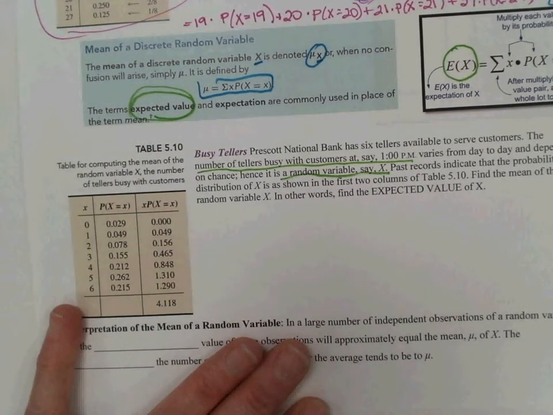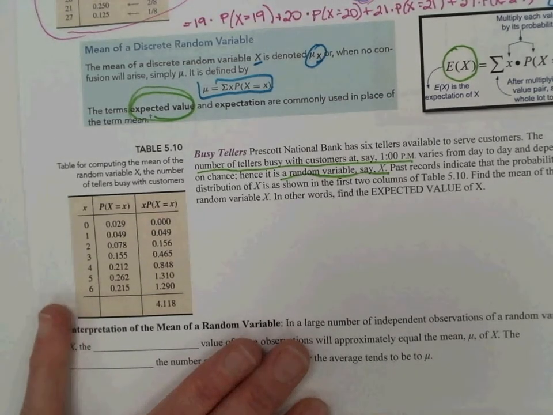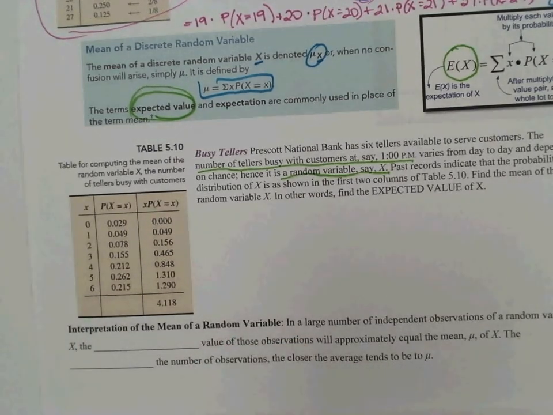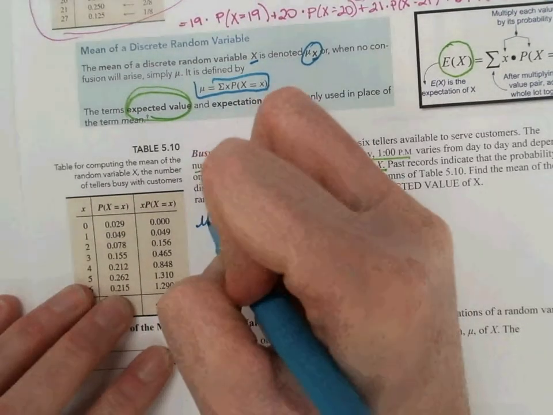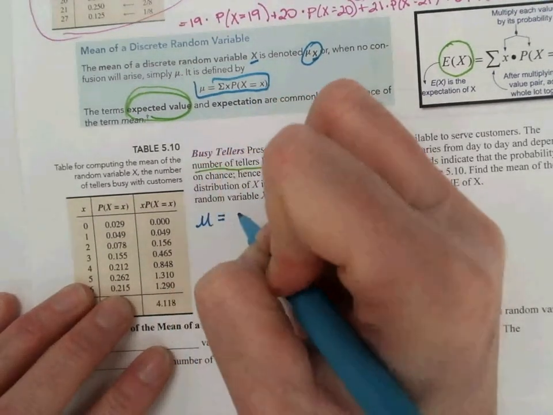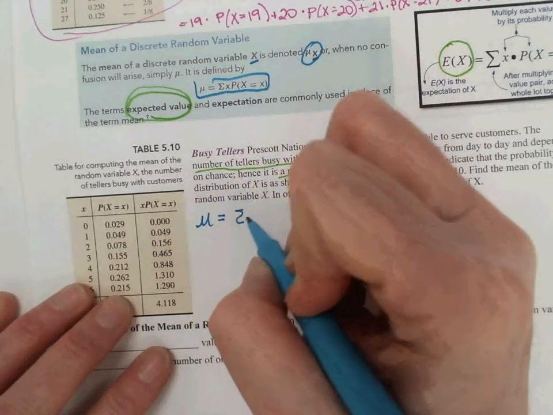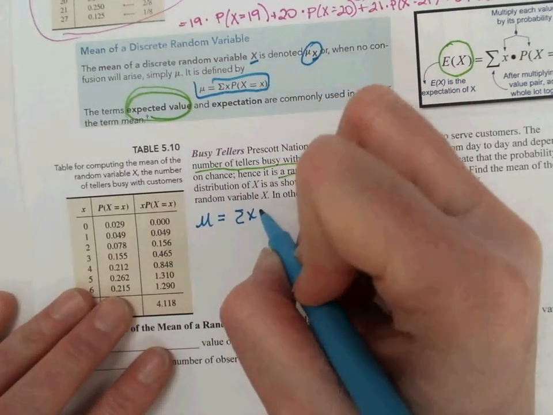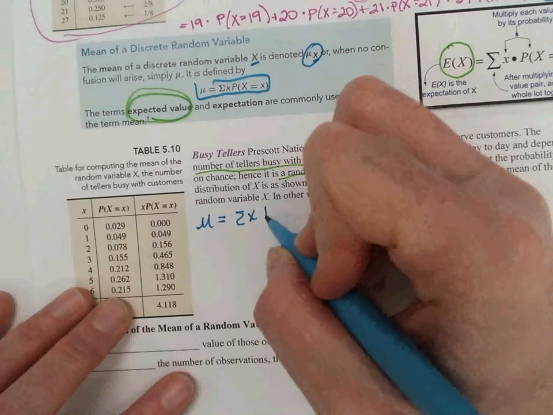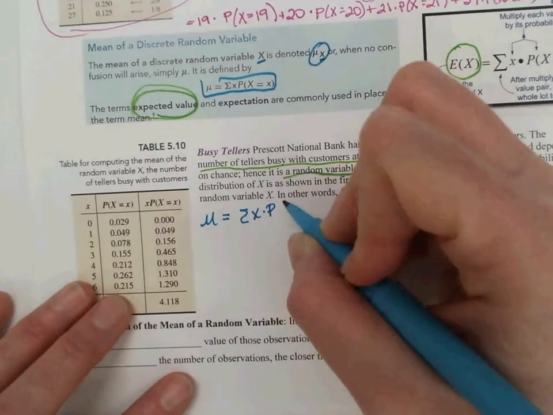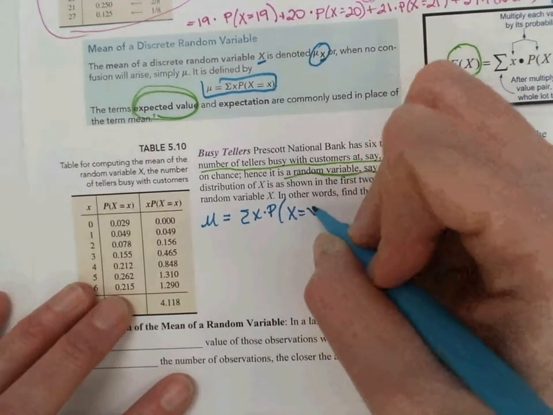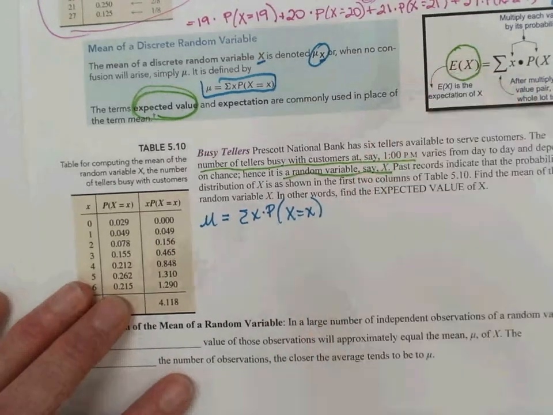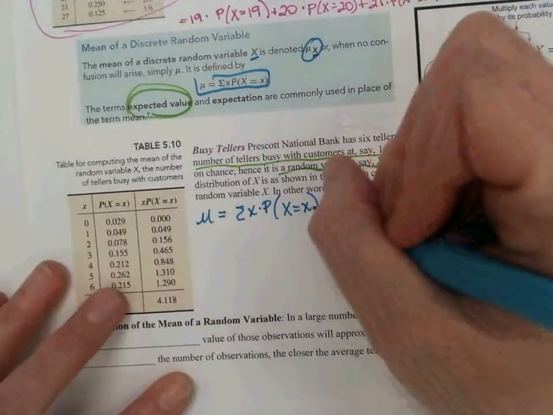To do that here, we can simply use our new formula. We'll use mu equals the sum of all the x values times the probability that x equals one of those given values.